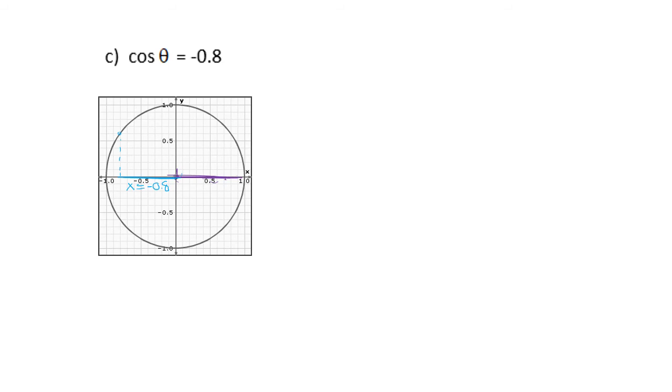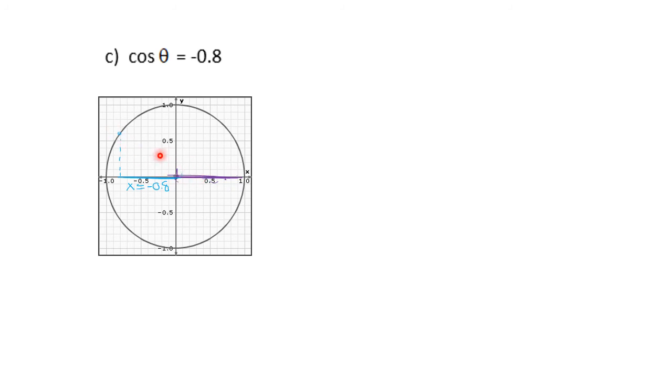Now remember what I'm doing in the question is I'm looking for the angle, right? The angle is the unknown here. Theta is my unknown. So I'm trying to find an angle. That means I'm looking for the measurement from the initial arm to my terminal arm.